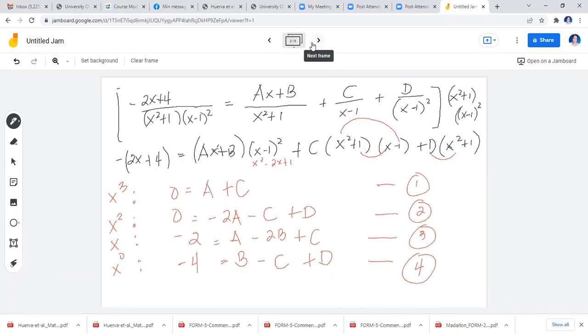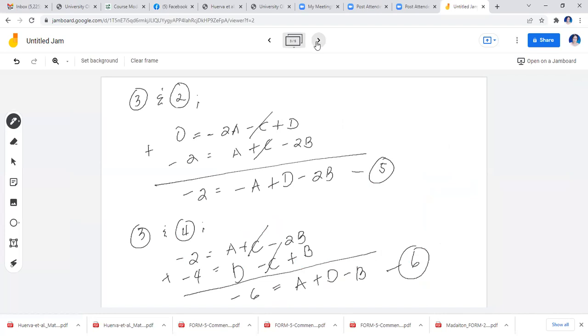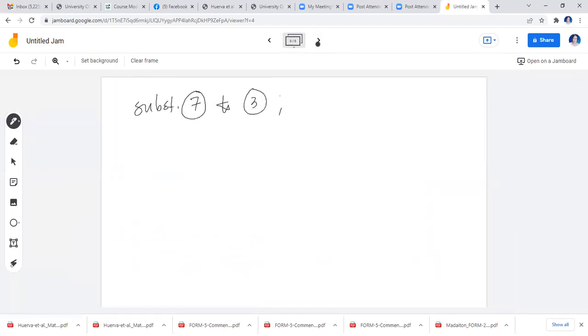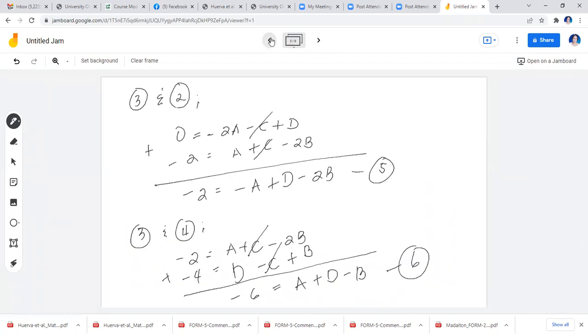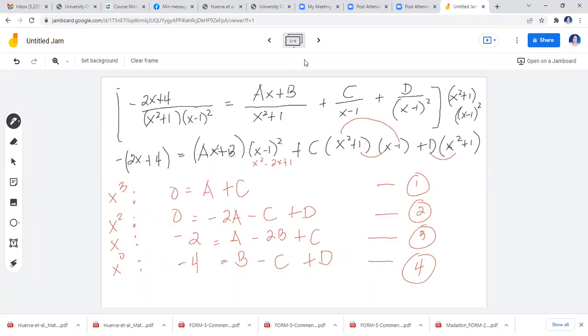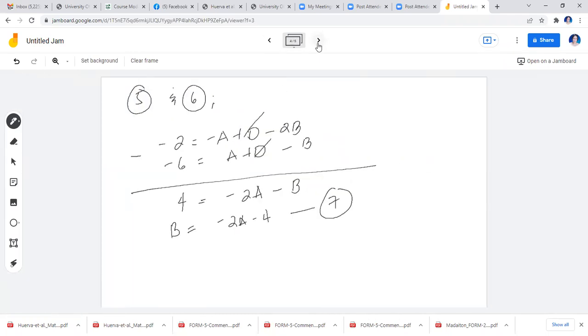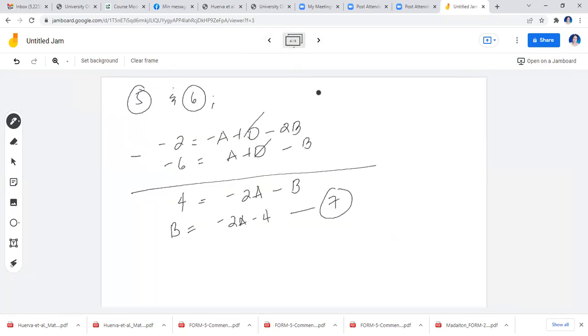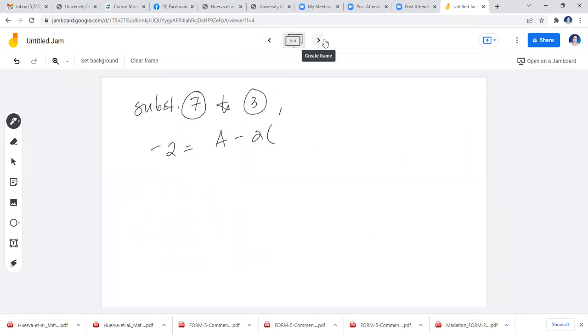Negative 2 is equal to a minus 2, and your b will be this b here, 2a minus 4.